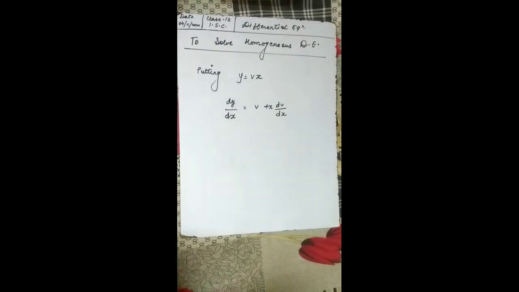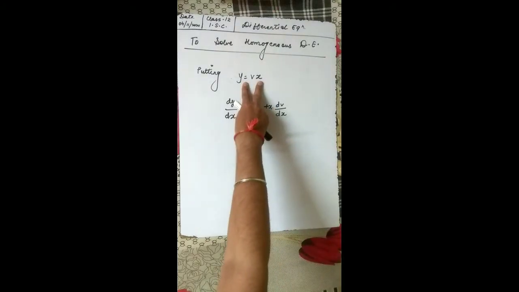Now after detecting the homogeneous differential equation, we come to how to solve it. There is a proper criterion for solving it. What we do is put y equal to vx in our main differential equation. First put y equal to vx, then differentiate with respect to x.